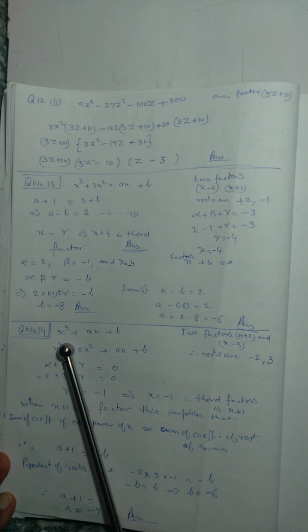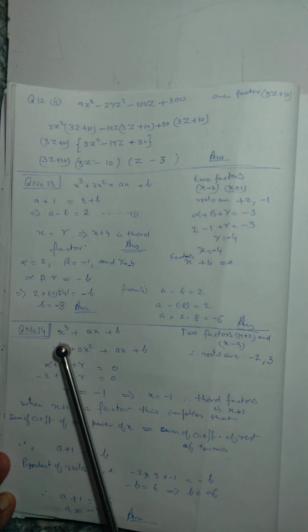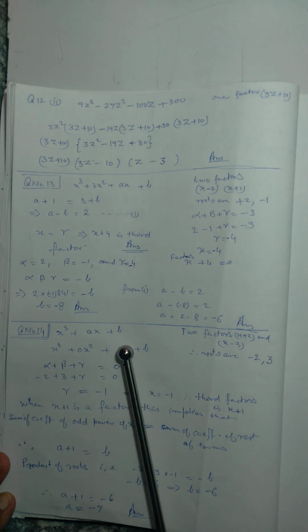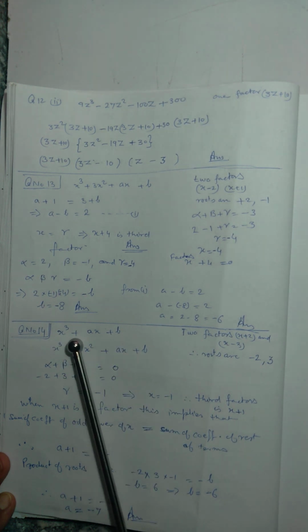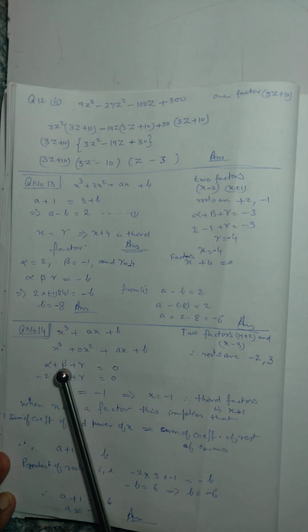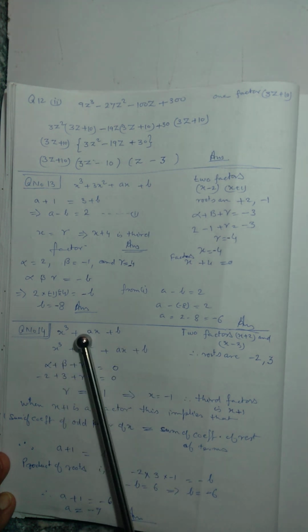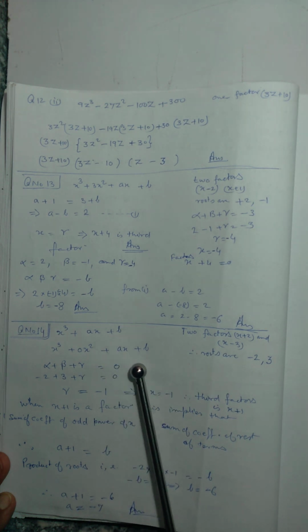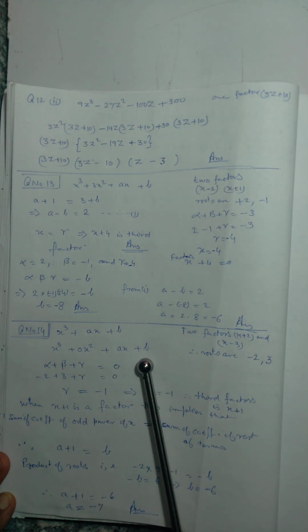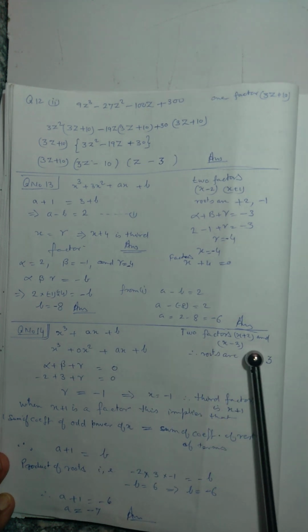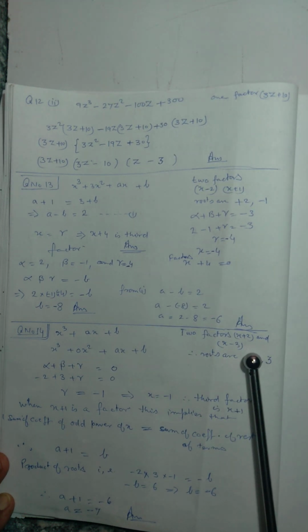Here the question number 14 is, the polynomial is given, that is x cube plus ax plus b. Here you see the descending order, there is no term of x square. So what I have done here, I have written x cube plus 0x square plus ax plus b. Now the two factors, that is x plus 2 and x minus 3, are given.